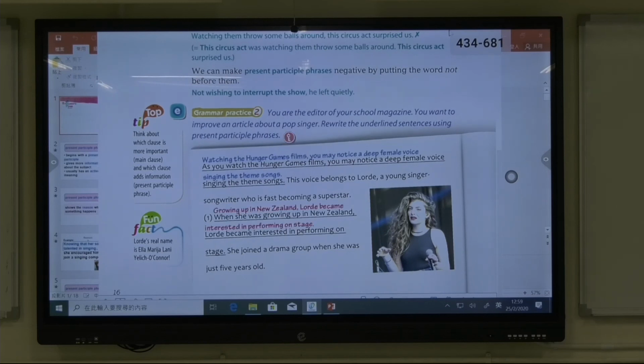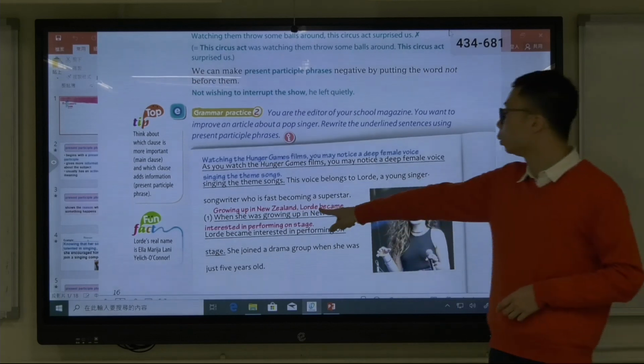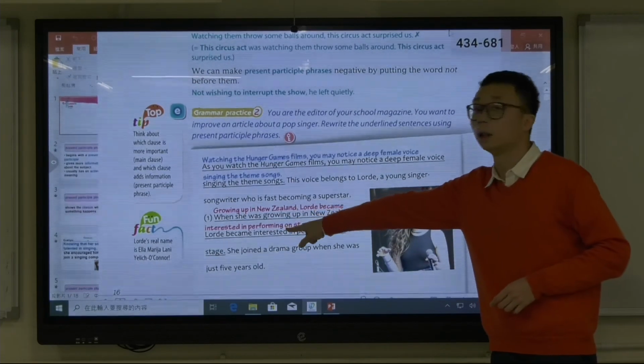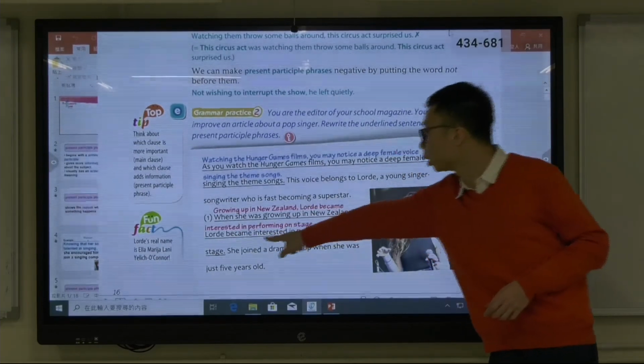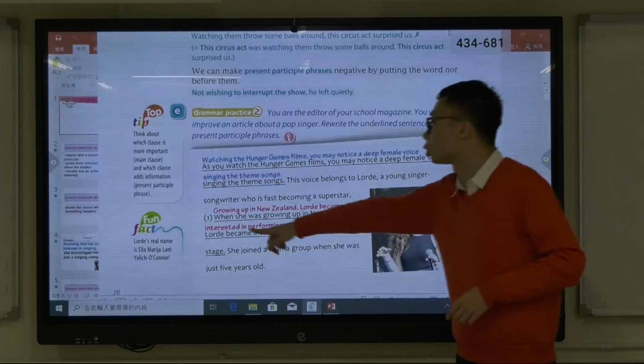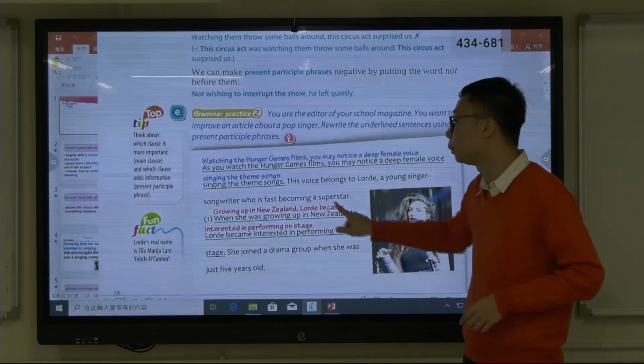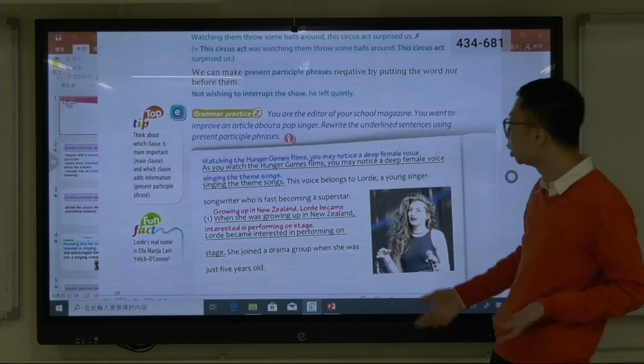Alright, so: Growing up in New Zealand, Lorde became interested in performing on stage. You basically just copy this part, and you may ask, can I just change the word Lorde into she, she became interested in performing on stage?